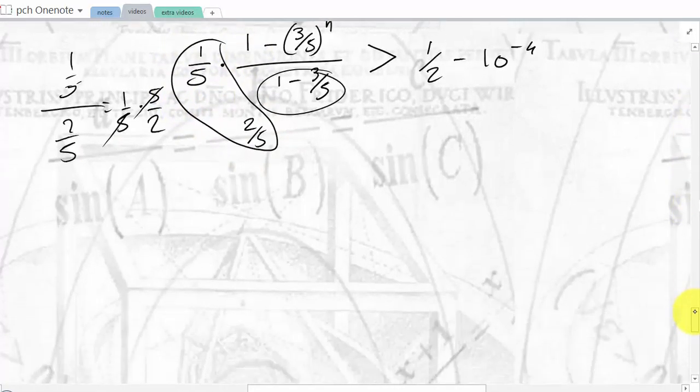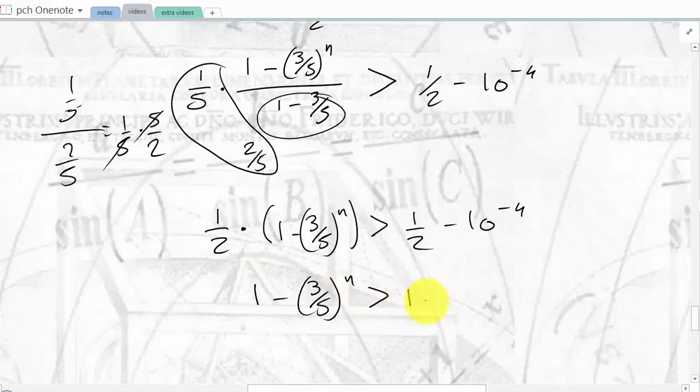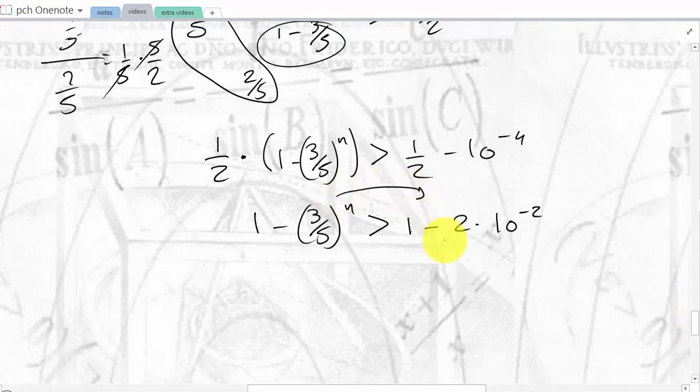Let me go below. So we have 1/2 times 1 minus 3/5 to the n is greater than 1/2 minus 10 to the negative 4. Let's multiply by 2. 1 minus 3/5 to the n is greater than 1 minus 2 times 10 to the negative 4. Let's move this here and the whole thing there.